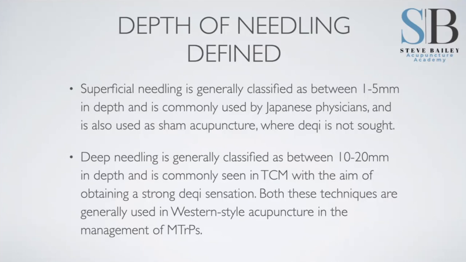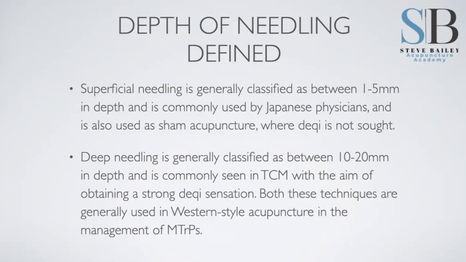If we look at research itself, research will define superficial needling as between 1 and 5 millimeters. If you look at Japanese style and some of your other Asian type needling, it is quite superficial. If you look at Japanese style acupuncture, sometimes the needle doesn't even stand up.